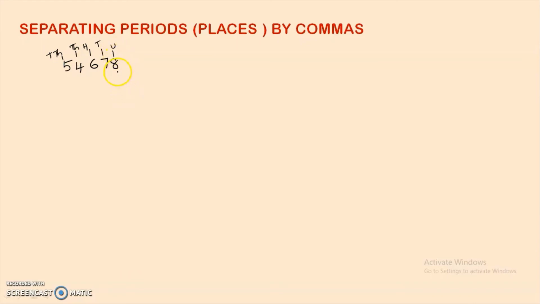So from the right, from the ones place, we'll count 3 places towards the left. That means units, tens, hundreds. After counting these 3, we'll first put our comma here, right? That is about 10,000.